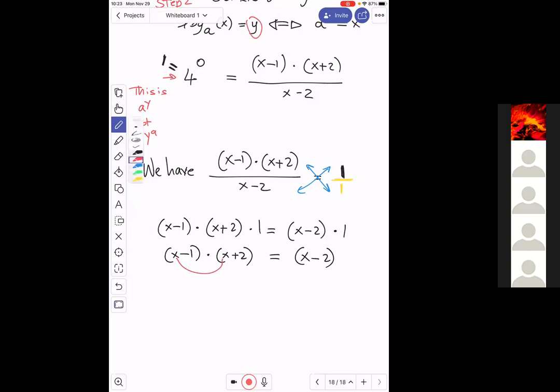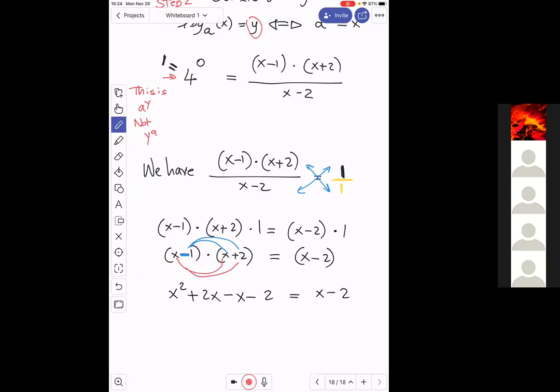So if you distribute, we're going to have x times x, that's x squared, and then x times 2, that's 2x, and then 1 times x, and don't forget there's a minus, so that's minus 1 times x, that's minus x, right? And then minus 1 times 2, that's minus 2. That's the left side, and the right side is just x minus 2.